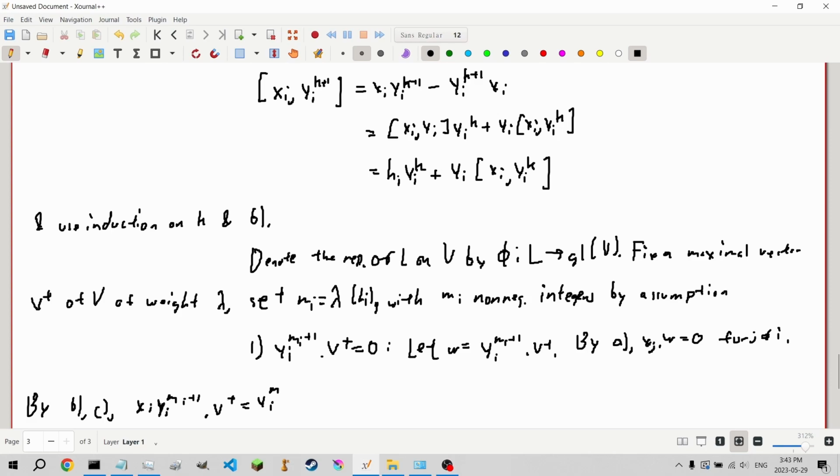minus mi plus 1 yi to the mi V plus, minus, I think this is supposed to be V plus mi, equals 0. So xi on W is also 0.